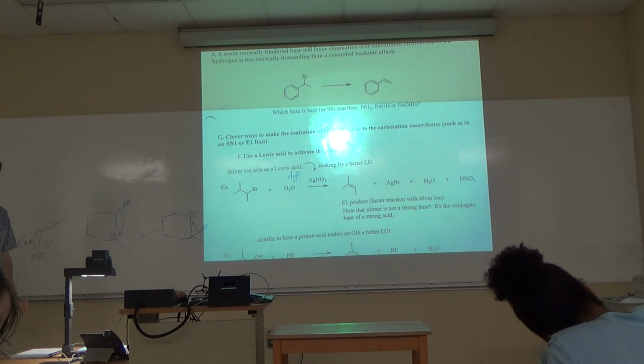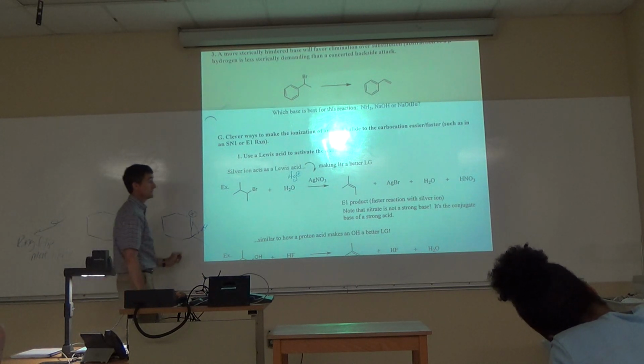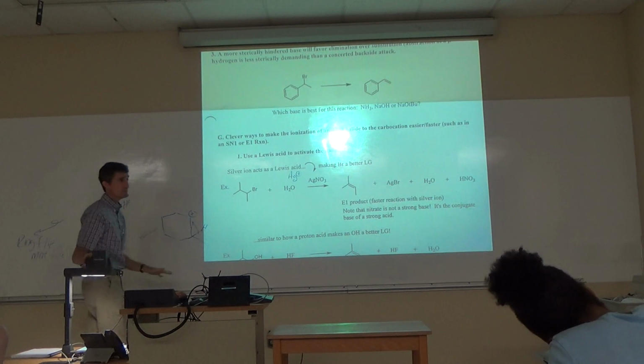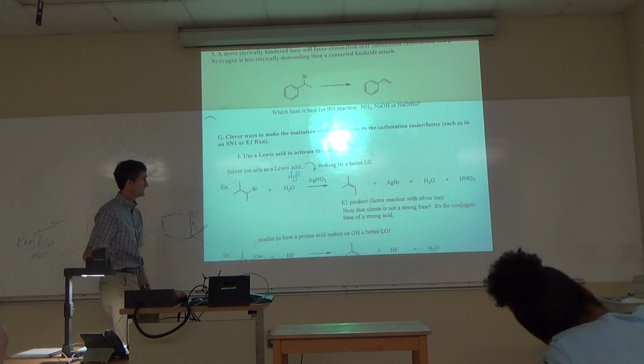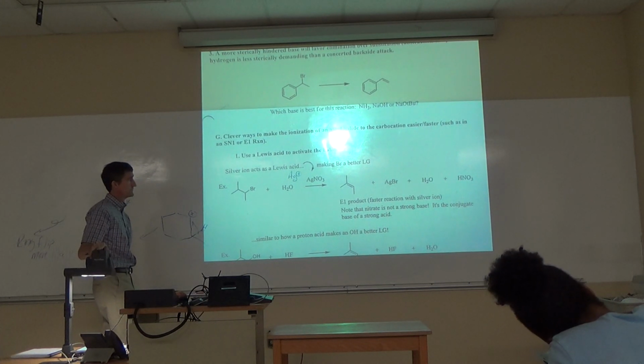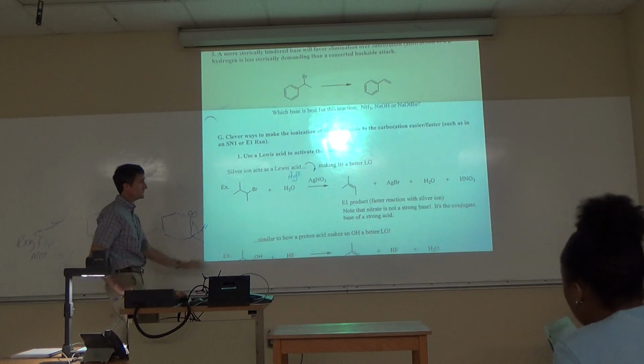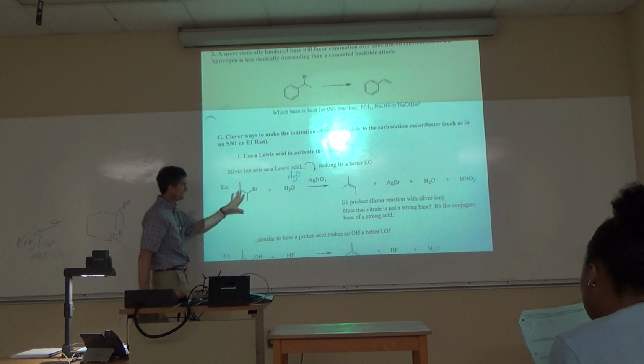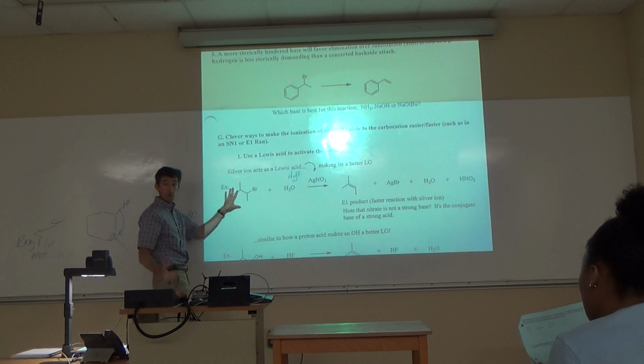That means the conjugate base, nitrate, would be a weak base. Indeed it is. Nitrate is going to be like sulfate, not a strong base. This is an E1. What's the first step of the mechanism? Forget about the silver nitrate. What's the first step? Leaving group leaves.